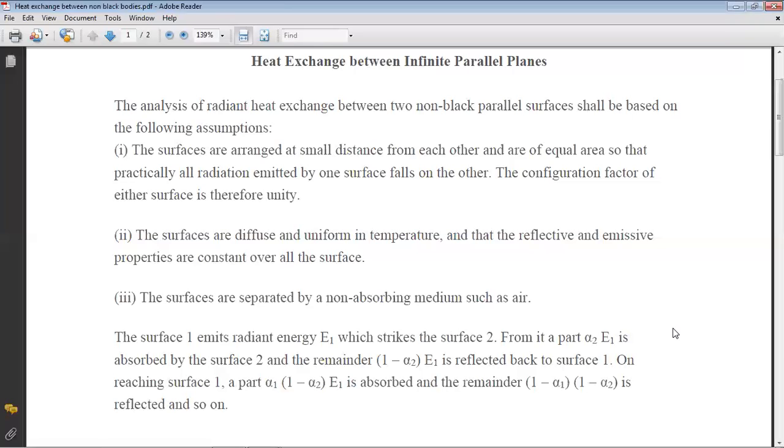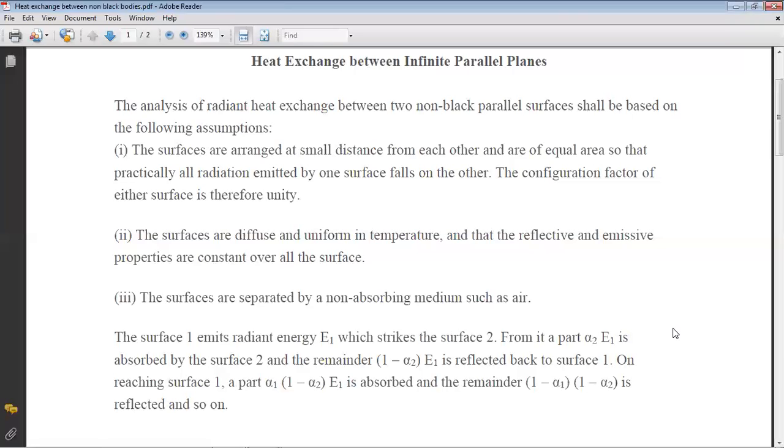Now, if you consider two parallel non-black surfaces, let us denote them by numbers 1 and 2.